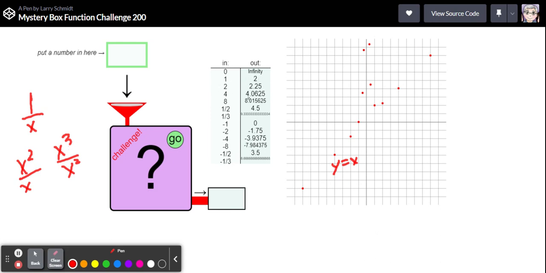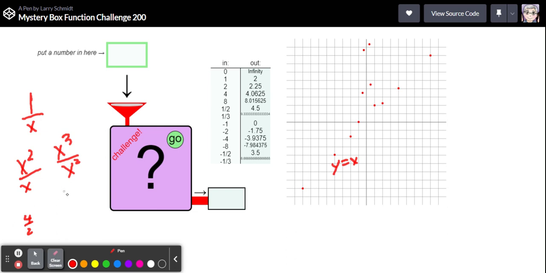We saw something like this last week. So either multiplying by 2 or adding 1 would do that. At 2, we're getting 2.25. So if we just had x squared over x, that'd be 4 over 2. We'd need to add a quarter there, and certainly not multiply by 2.